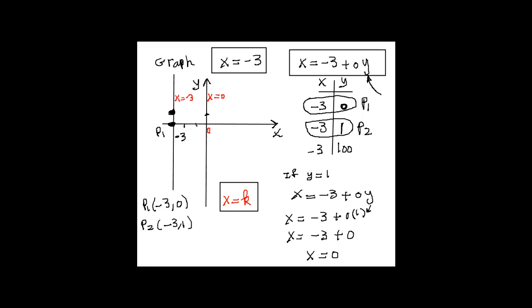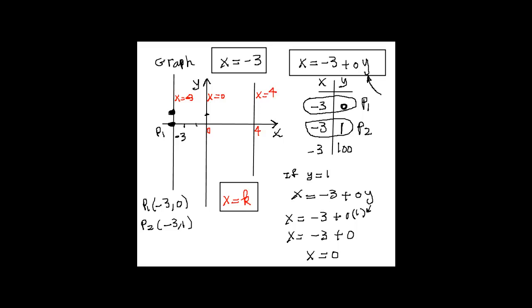and then if I draw another line here, let's say this is 4, so this would be x equal to 4, and so on.